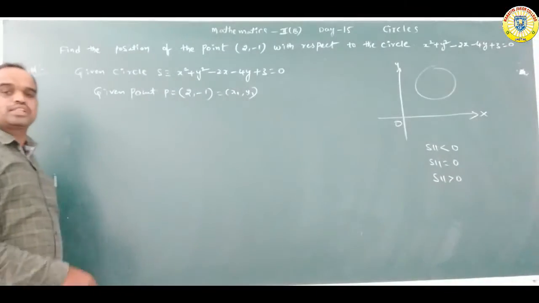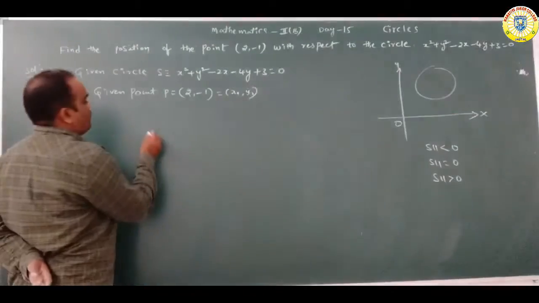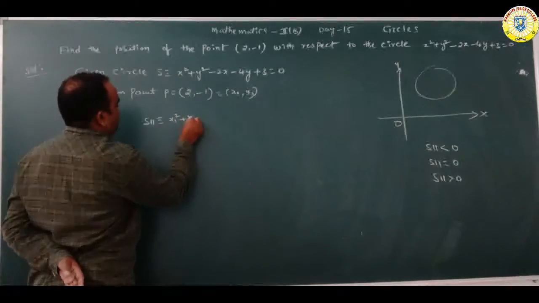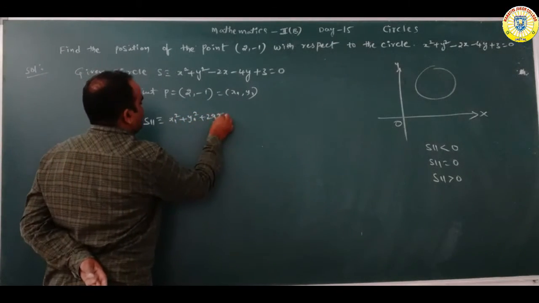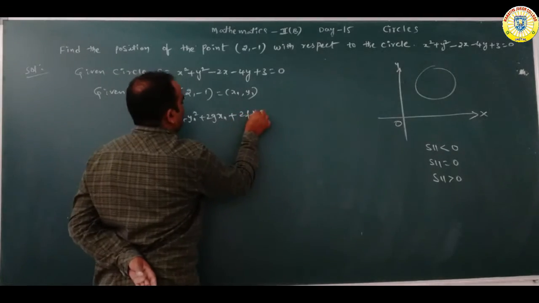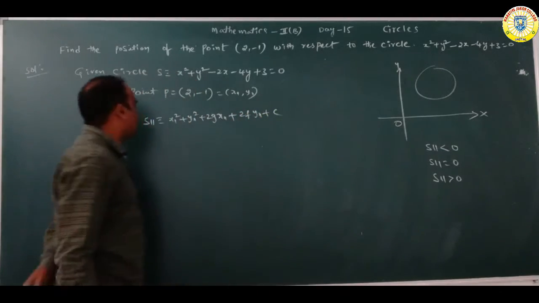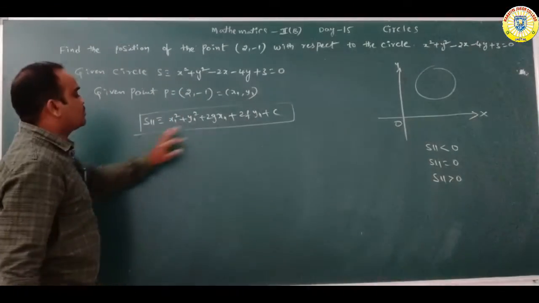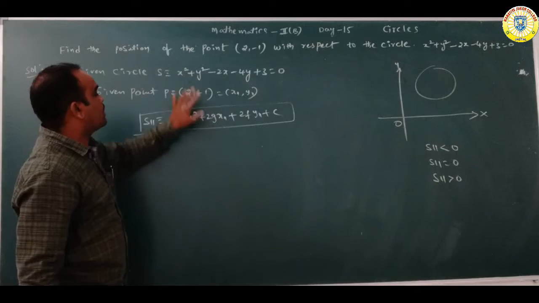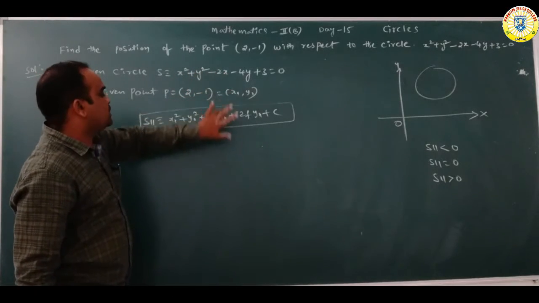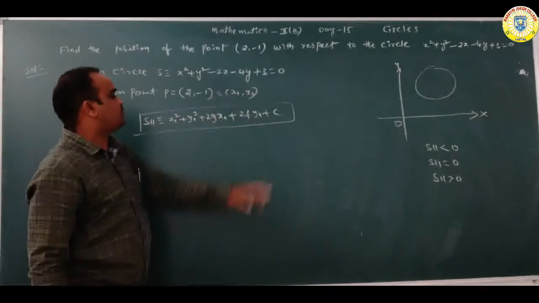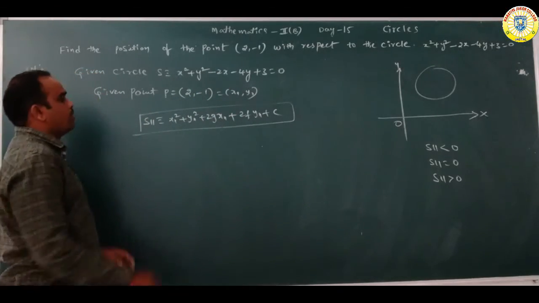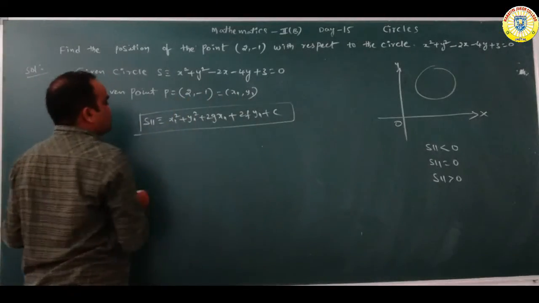We have the S11 notation, which is x1 square plus y1 square plus 2gx1 plus 2fy1 plus c. Comparing with x square plus y square, 2g is equal to minus 2, 2f is equal to minus 4, and c is 3. We just substitute x1 equal to 2 and y1 equal to minus 1.